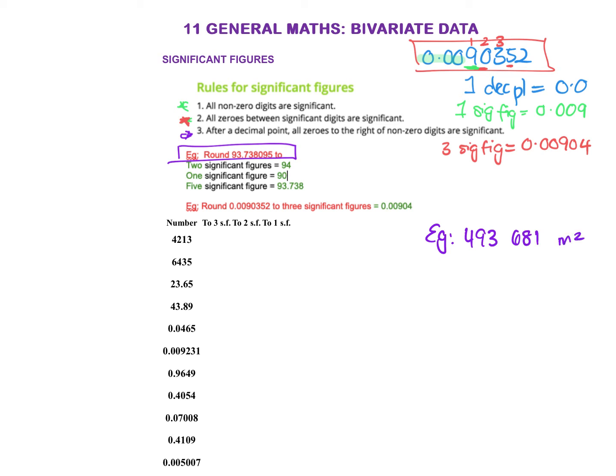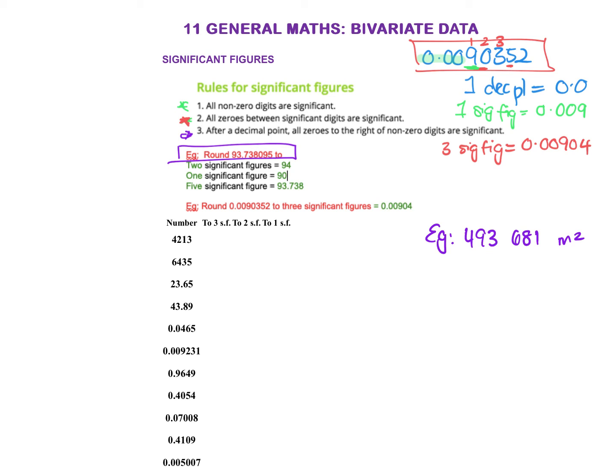When we're doing surveys and analyzing the data, it's not really significant. We don't need to know all the finest little detail. We want a rough estimate because we're trying to present this data. If someone asked and you were replaying the story on how big this thing is, you would probably just go, oh, it was 490,000 square meters. You wouldn't ramble off all the rest. So this is the same here.